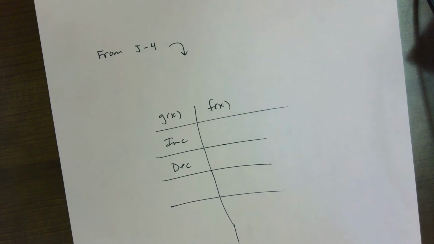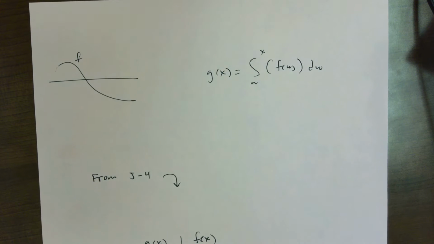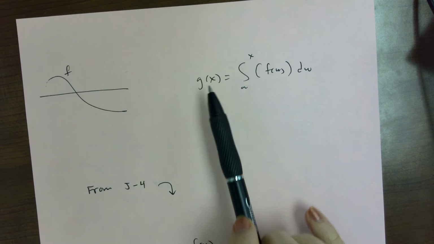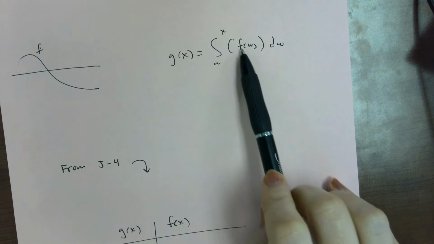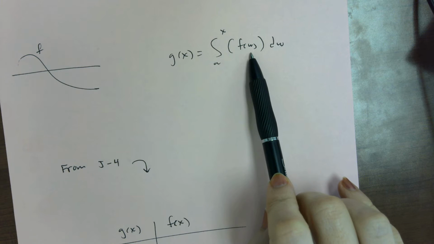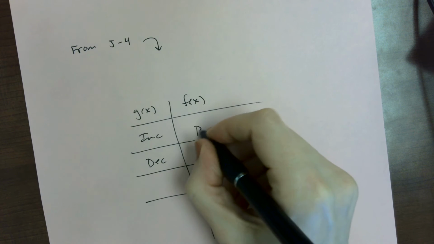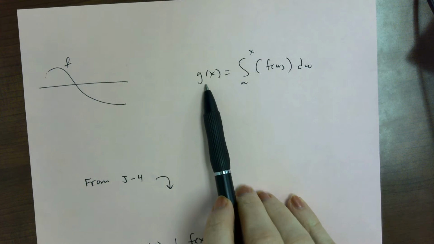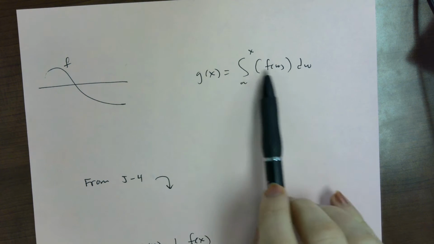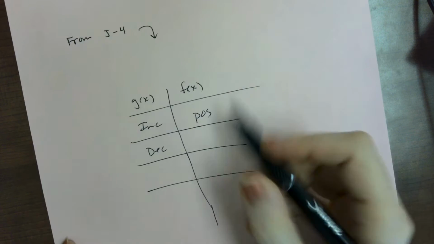And guys, what we should have seen from J4 is that this function G is increasing when this input function is positive, and this function G is decreasing when the input function here is negative.